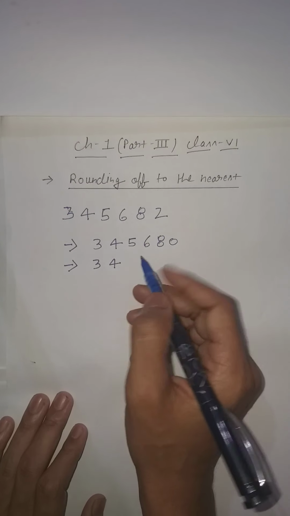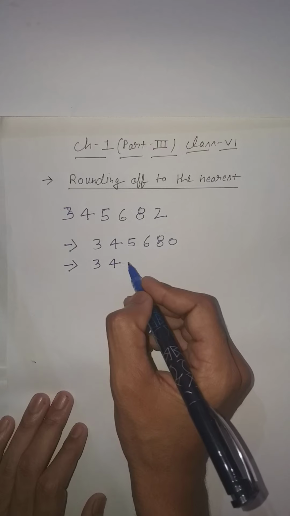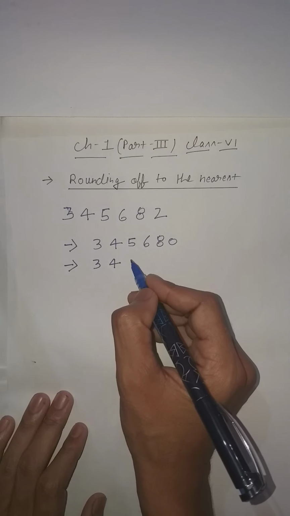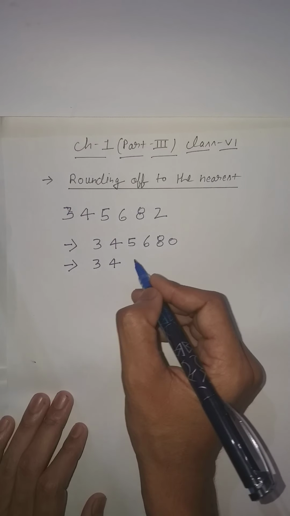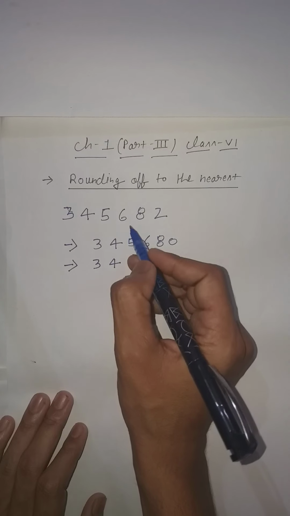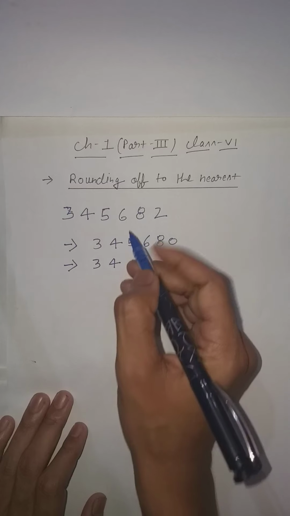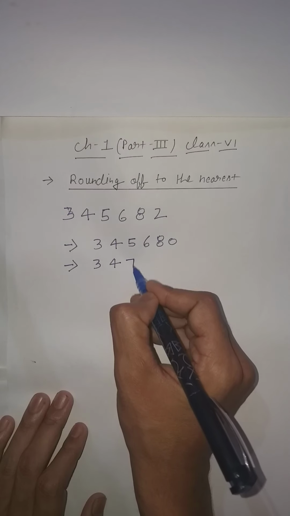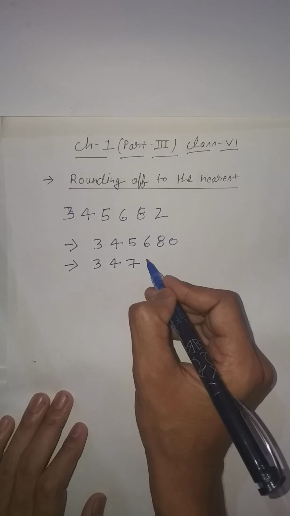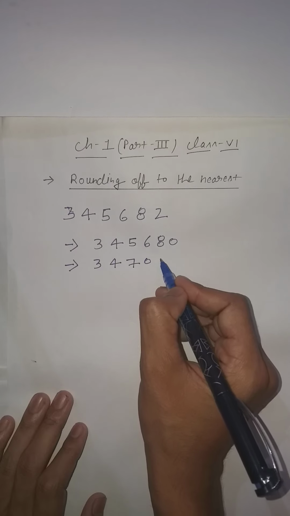Now in the second, if you want to estimate, this will become 3, 4, 5. Now you will see 68. So in 68, 8 is greater than 5, so this will become 7, 0, 0.